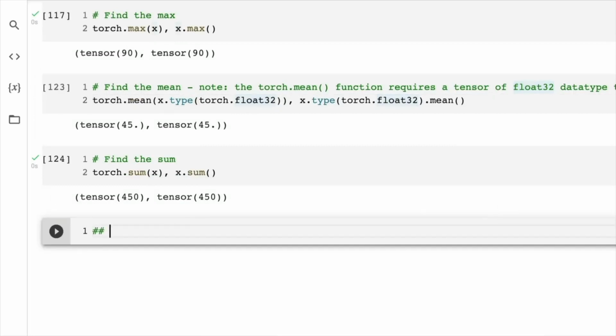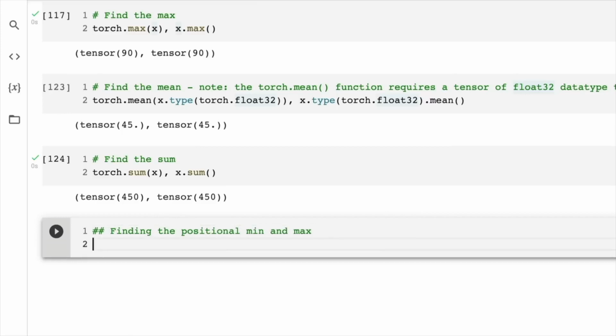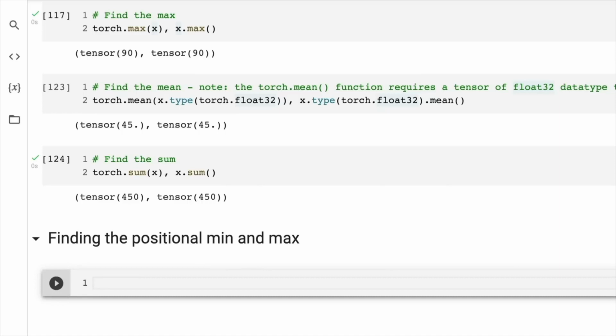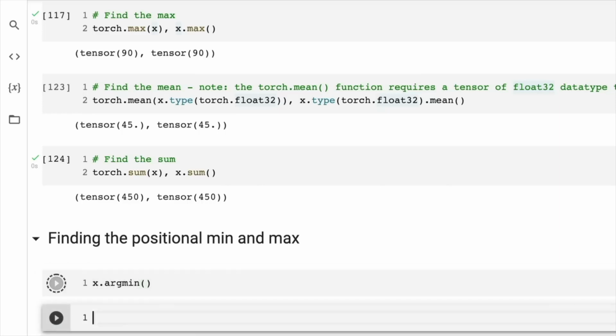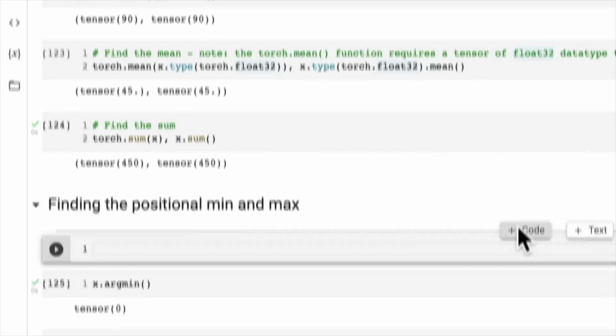I also issued you the challenge of finding the positional min and max. And you might have found that you can use argmin for the minimum. Let's remind ourselves of what x is.